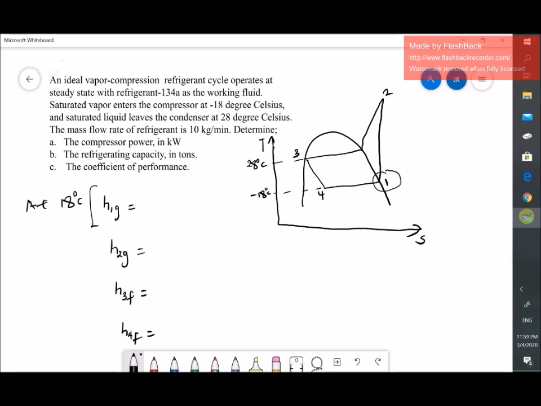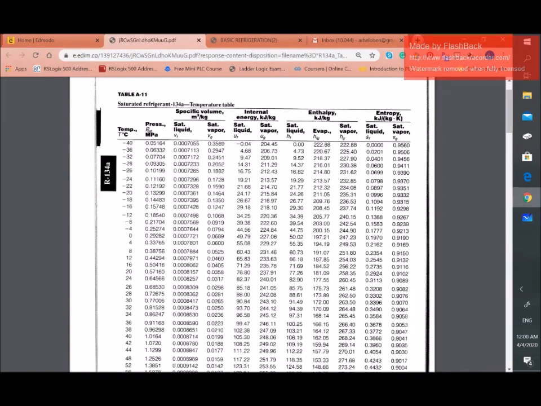To get your H1, we use the steam table. Now this is the steam table for refrigerant 134A.